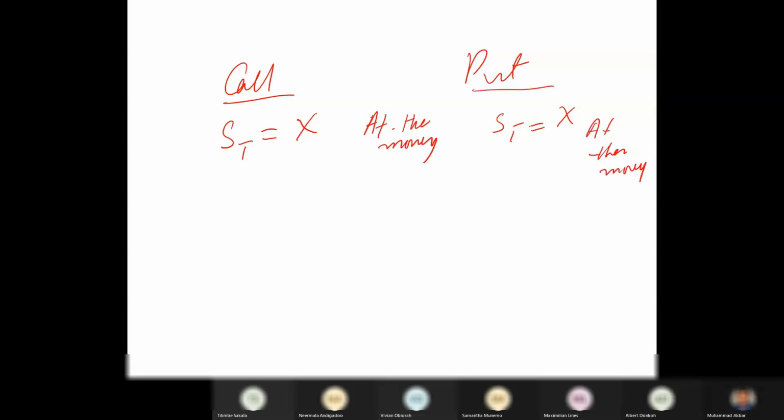So this is call option and this is put option.